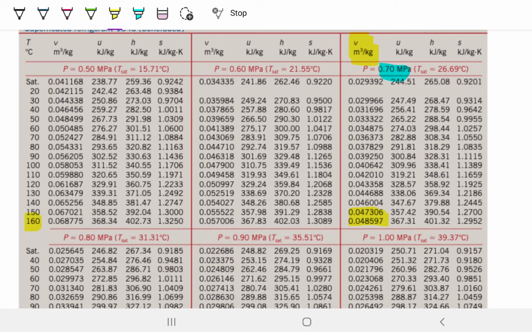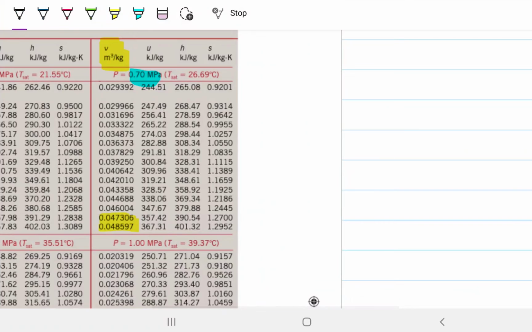Okay, so what do I need to do in this case? Well, because it's so close, I can extrapolate without causing much issues, right? So what I'm going to do is say the following. I'm after my internal energy for state 2, right? So my specific volume in state 2 is 0.04985.